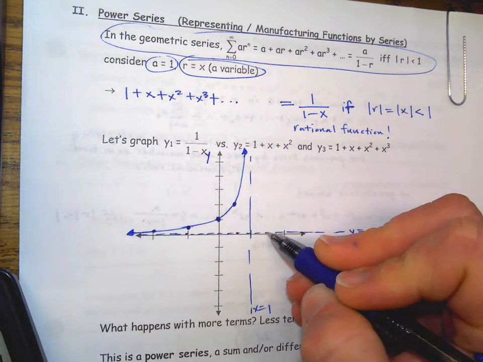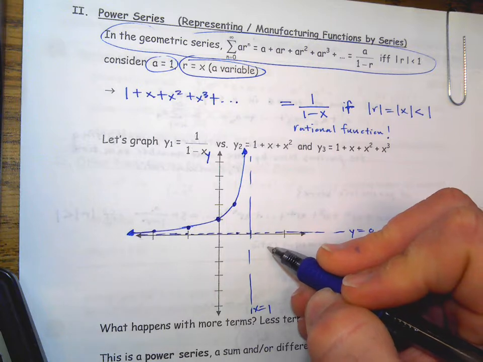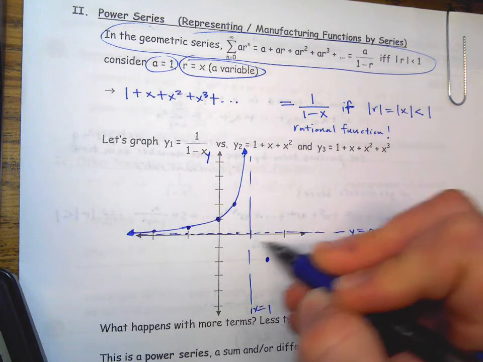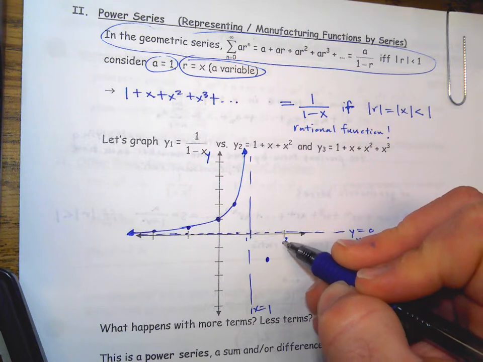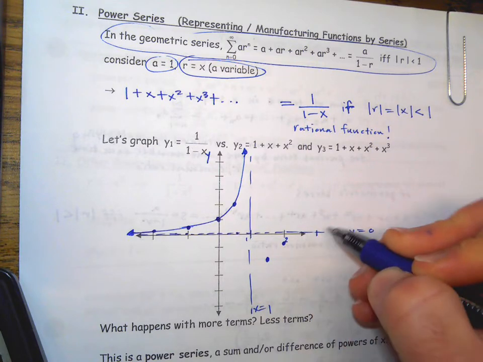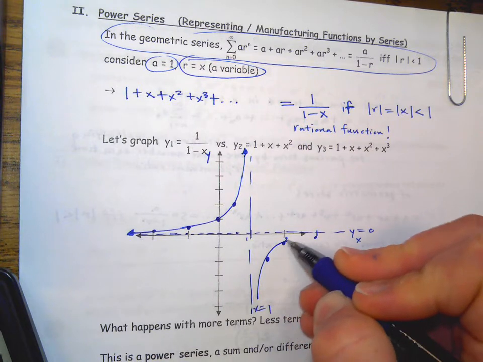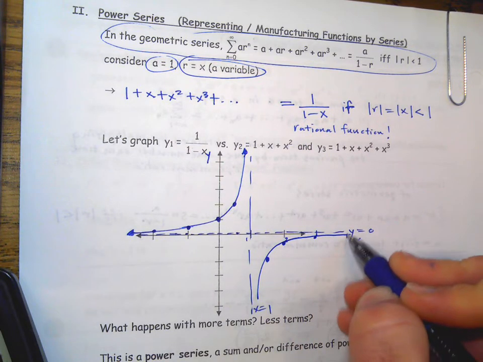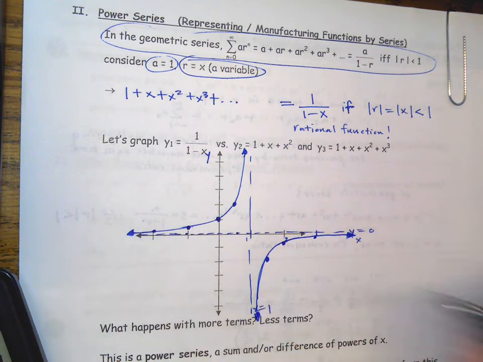If you plug in 1.5, you get -2. If you plug in 2, you get -1. If you plug in 3, you get -1/2. So the other part of the graph is kind of symmetric. It's the same shape. It looks like this.